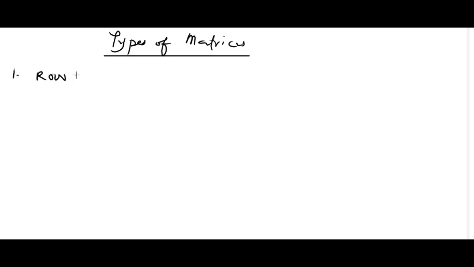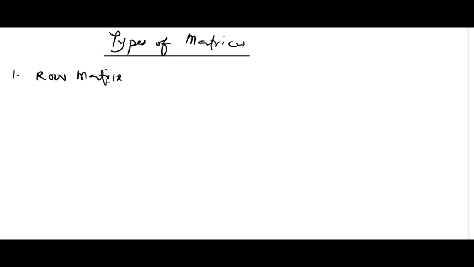So let's talk about the types of matrices. The first one that we want to talk about is the row matrix. What is a row matrix?